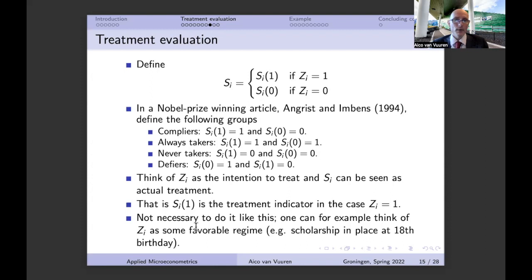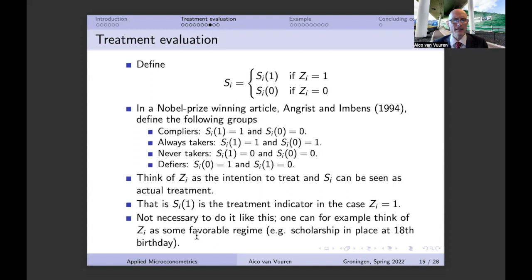Then, at the moment that we look at this example that we have over here with respect to going to university based on a scholarship, well, then the defier is somebody who decides not to go to university at the moment that they receive a scholarship, but these individuals would have actually gone to university at the moment that they do not receive a scholarship.